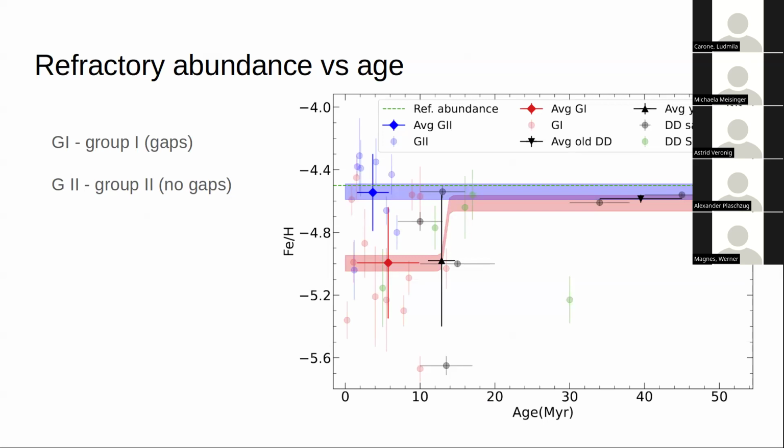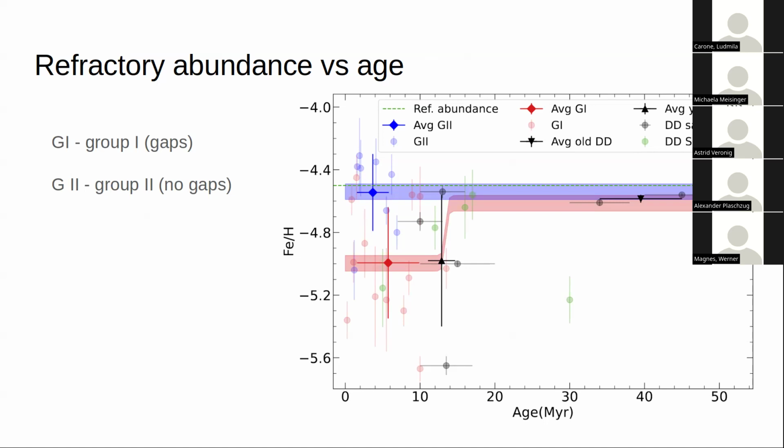So the diamond here represents an average value of all of the systems, and circles represent individual stars. The black one here represents our sample of stars, the debris disk hosting stars. And we clearly see that there are two stars which are at a position which is quite similar to this group 1 disks.